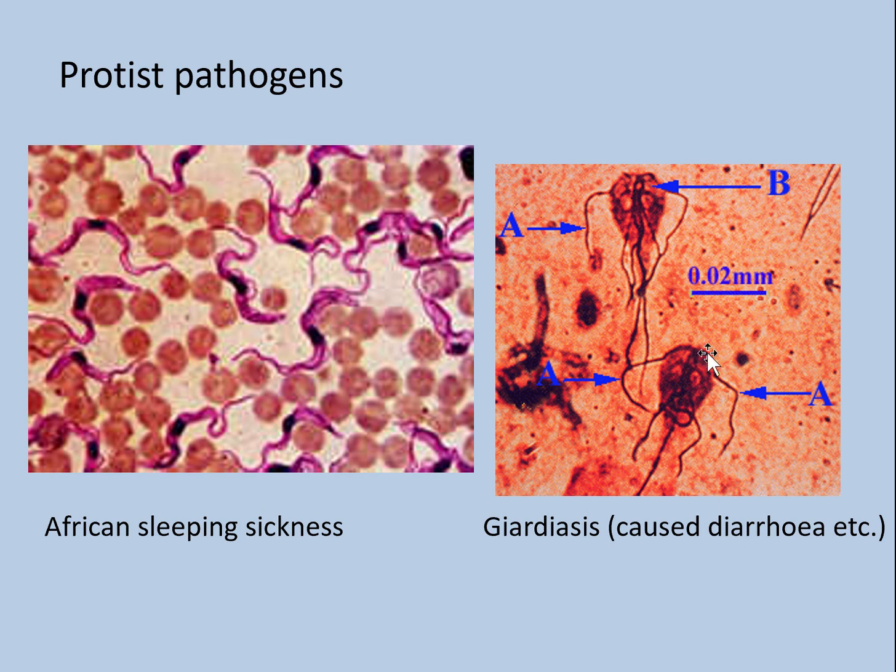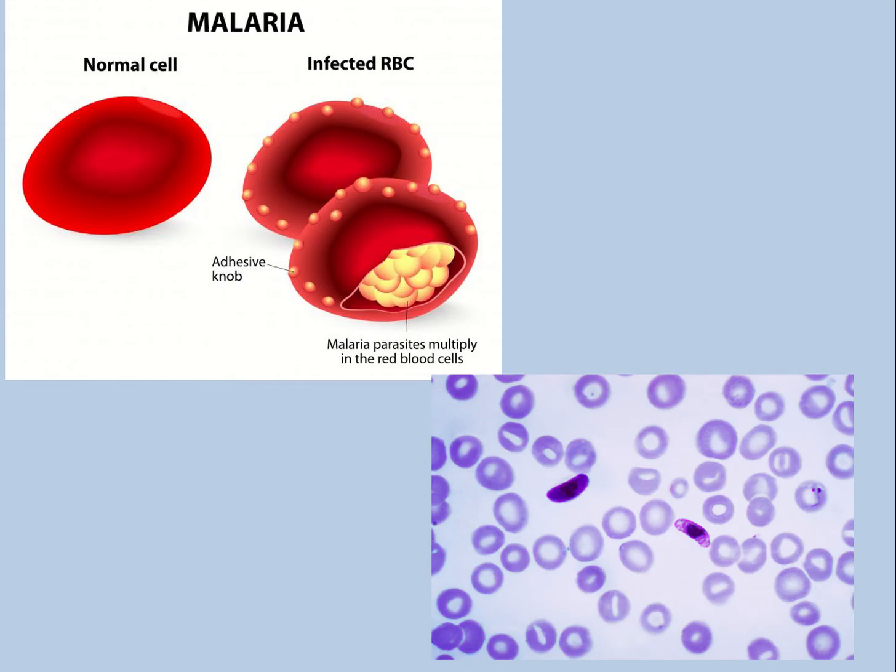They're single-celled organisms, but can you see these long thread-like structures on them? And look at the size, very, very tiny. Now, malaria is one that you would have heard of. Remember, if you get bitten by a mosquito, they're like flying syringes.